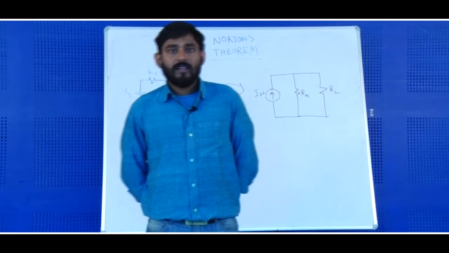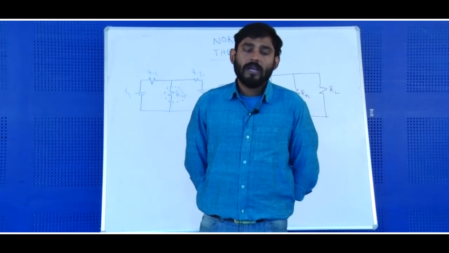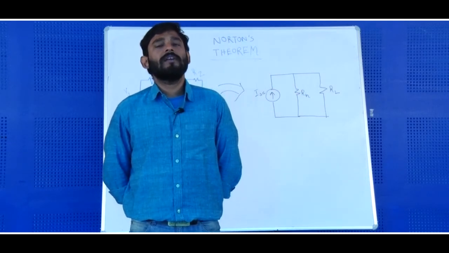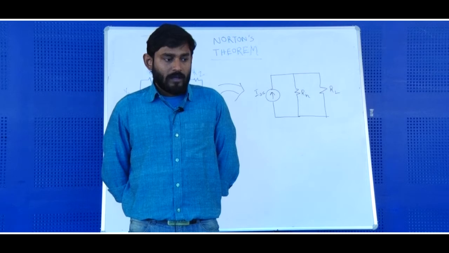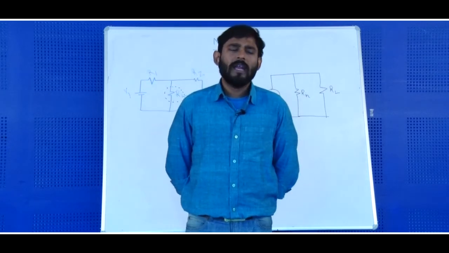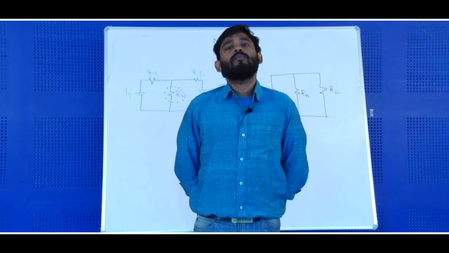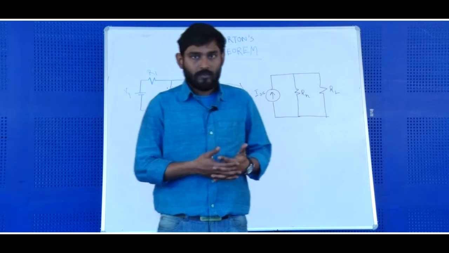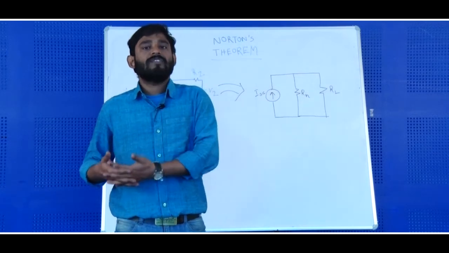Now, Norton's theorem actually does the same thing, but in a slightly different way. As you can remember, in the previous class regarding Thevenin's theorem, any complex network was converted to a much simpler circuitry consisting of a voltage source and two resistances.